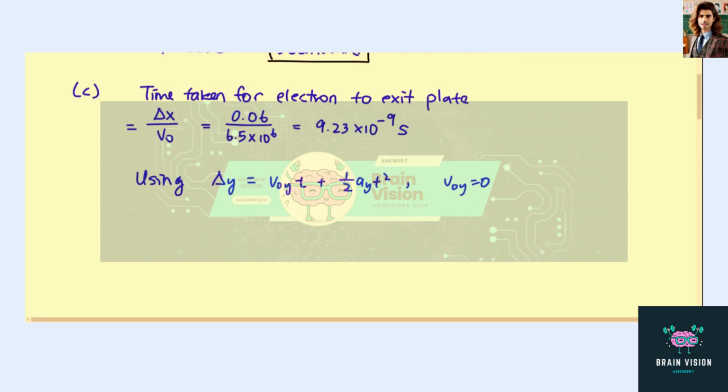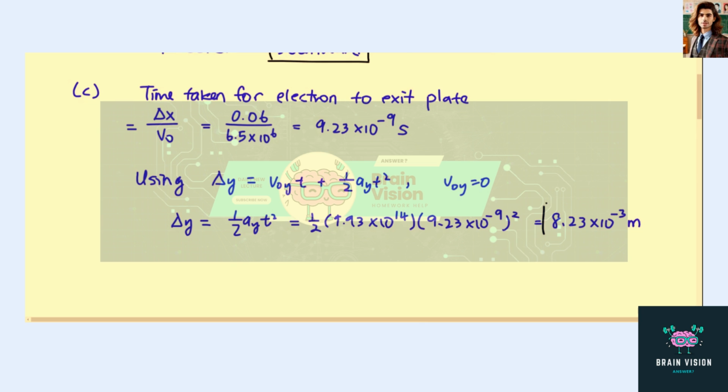The a y is the answer in part B. So delta y is half a y t squared, equal to half times 1.93 times 10 to the 14 times 9.23 times 10 to the negative 9 squared. Calculate this, you get 8.23 times 10 to the negative 3 meters. So 8.23 mm.